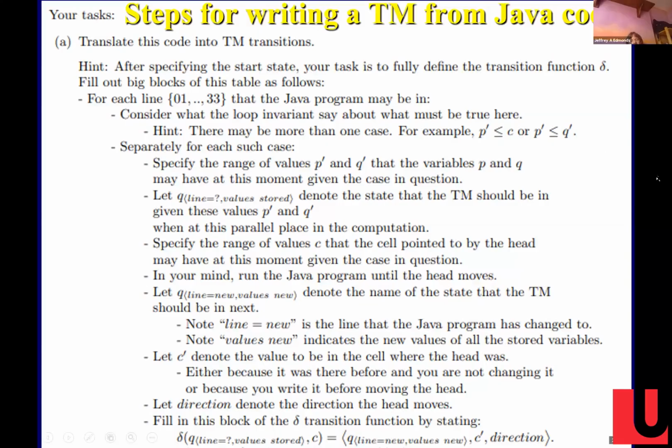But P, what's P? P is a variable in your Java program, and the Java program may be able to say, write the value that's in P prime into your cell. But the Turing machine doesn't have a Java program. In the Turing machine, P doesn't exist, right?